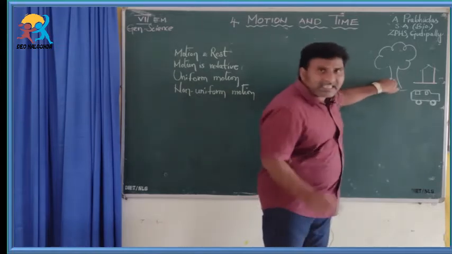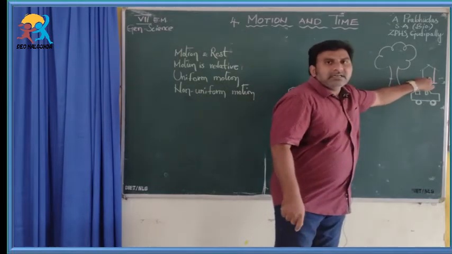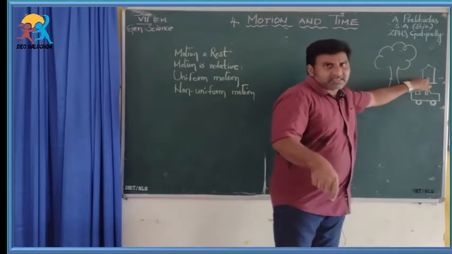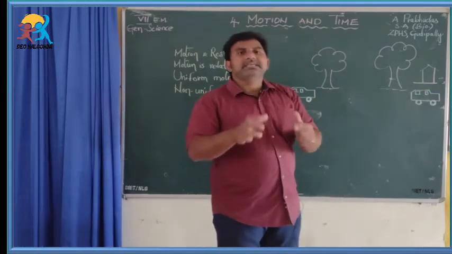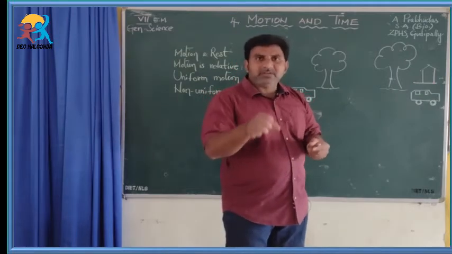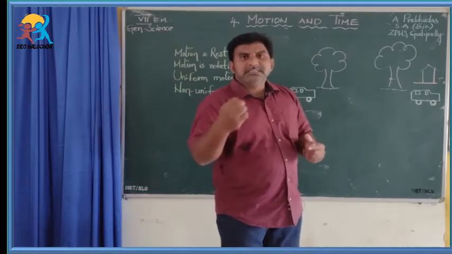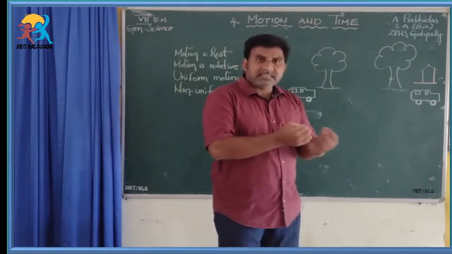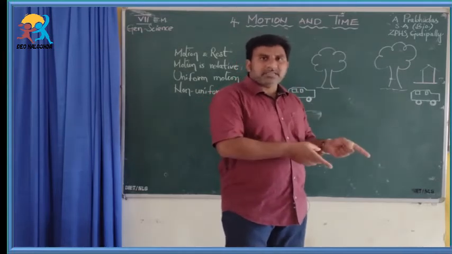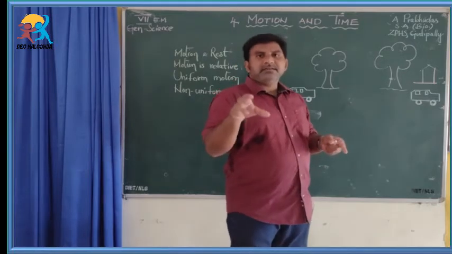The position of the tree is not changing with respect to the building near it, which means the building is present in the surroundings. So motion is a relative phenomenon, which means you have to refer the changing thing with respect to the surroundings. If there is a change in the position of the object with respect to the surroundings, then the object is said to be in motion.